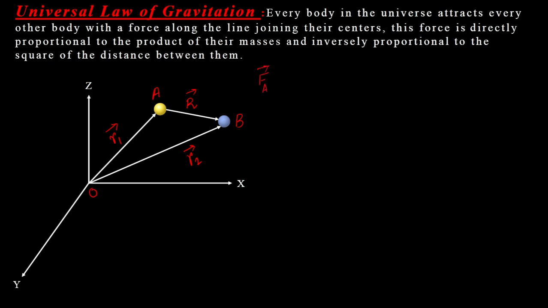According to Newton, this force Fa will be proportional to the product of the masses of object A and object B. So Fa is proportional to ma times mb. Then again, this force Fa due to the object B will be inversely proportional to the distance of separation between these two objects.